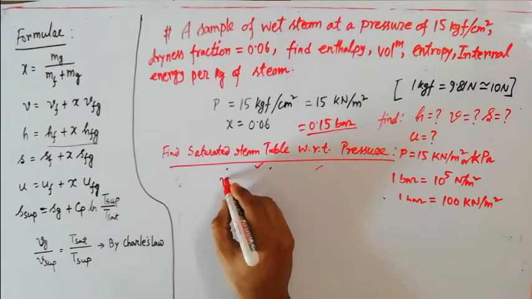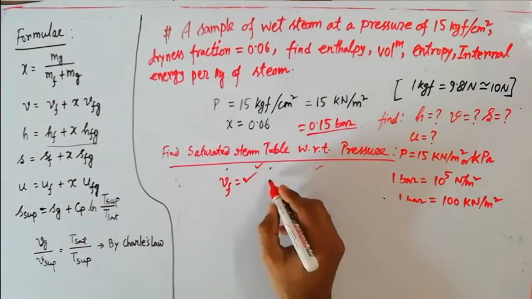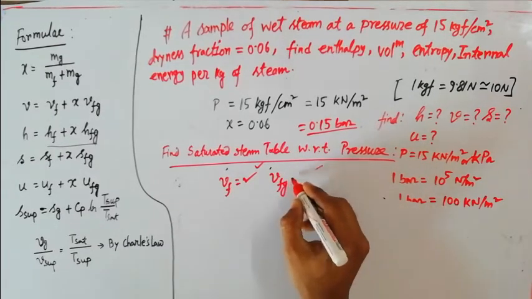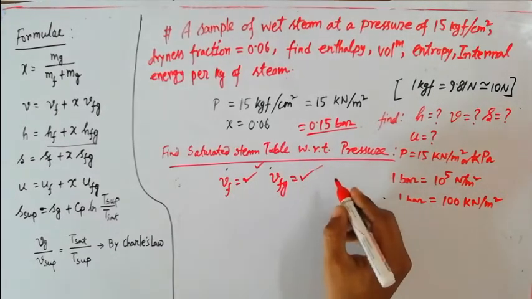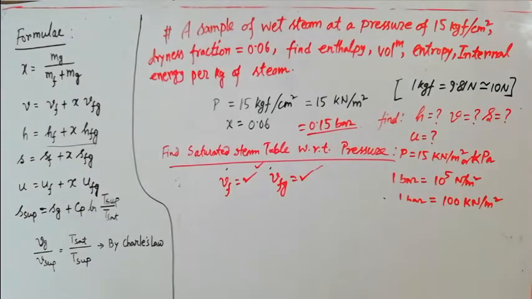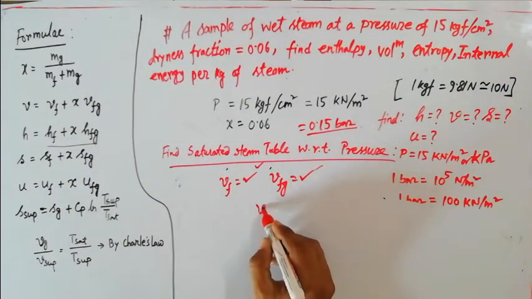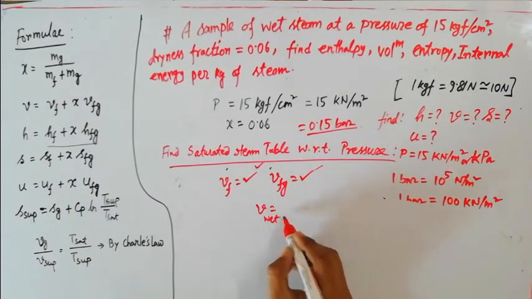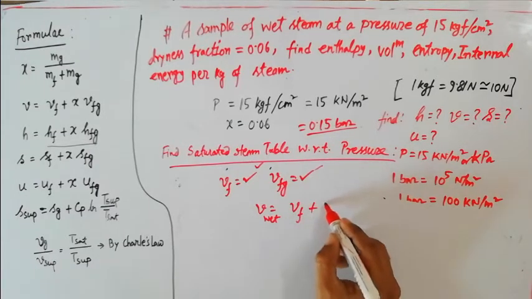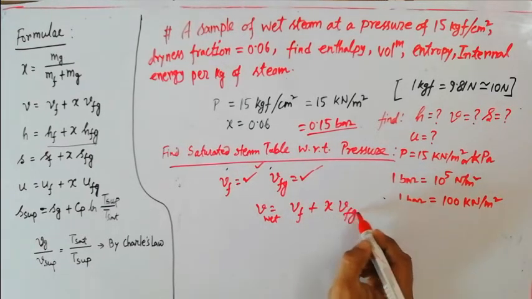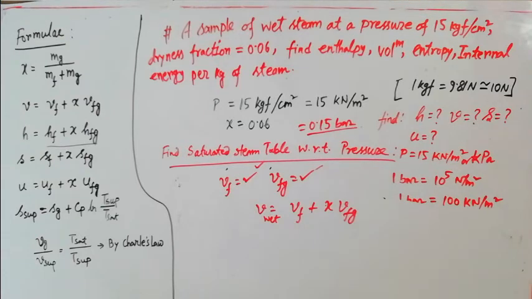You just have to find the vf value and vfg value from the steam table with respect to the same pressure level, and put those values in the relation: v wet equals vf plus x into vfg.